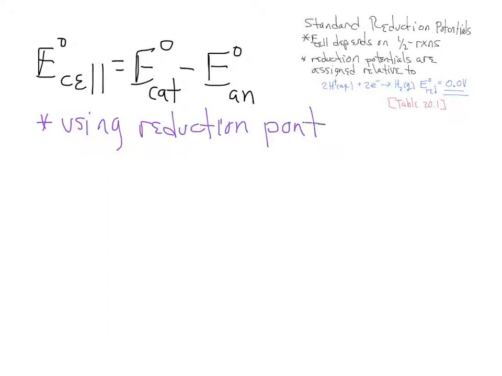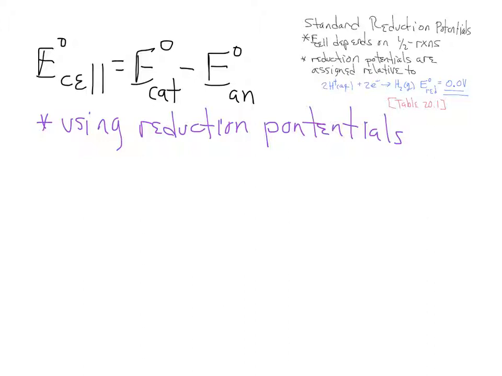I think your lab manual actually has a slightly different version of this equation. I think your lab manual has E cathode plus E anode. The reason it does that is because instead of using the reduction potential for the anode, it has you use the oxidation potential.